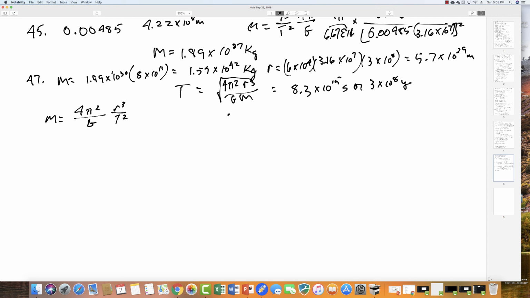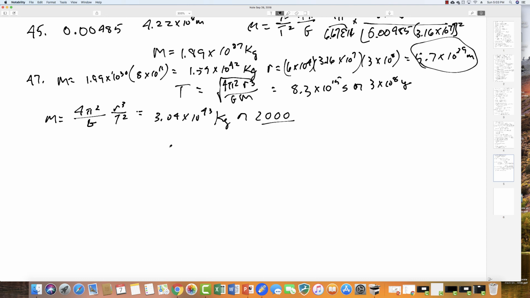And now we have a new period, and the radius is still given, so if you put this number in as the radius and put the new period in, you get a mass of 3.04 times 10 to the 43 kilograms, or about 2,000 solar masses.